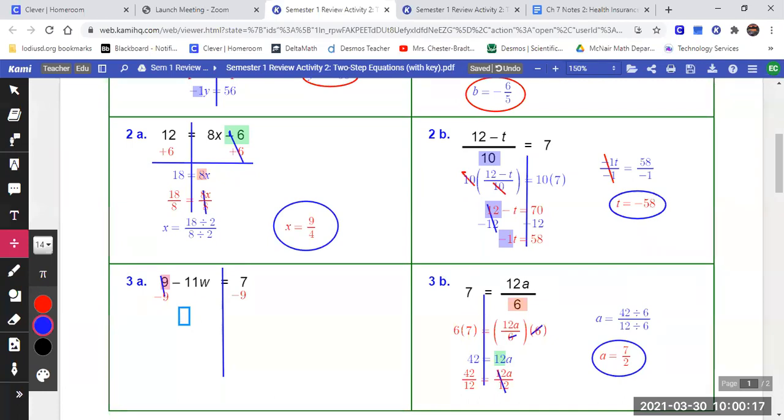Negative 11w. Exactly. What's left on the right-hand side? Negative 2. Exactly. Because 7 and negative 9, not the same sign, so we had to subtract and keep the sign on the bigger one, which was a negative.